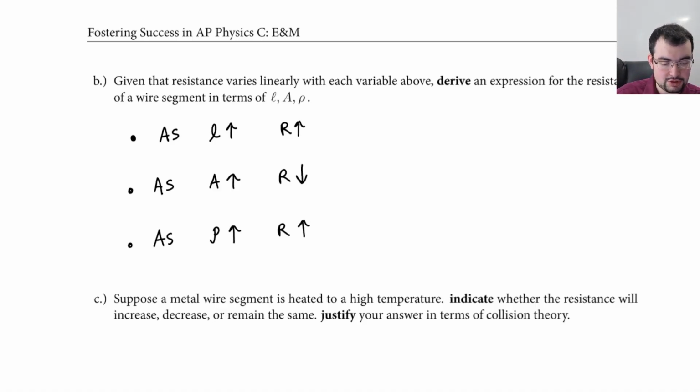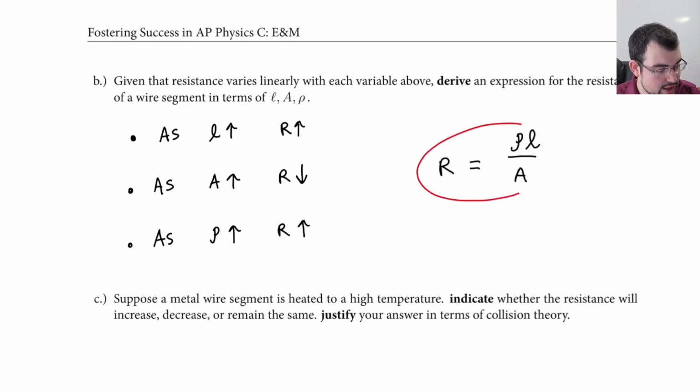If the relationship is the same between the quantities, it's numerator, because that would be multiplication. And if it's an opposite or inverse relationship, it goes on the denominator. So we can say resistance must depend linearly on resistivity, or sorry, it must have a numerator relationship with resistivity and length, and a denominator relationship with A.